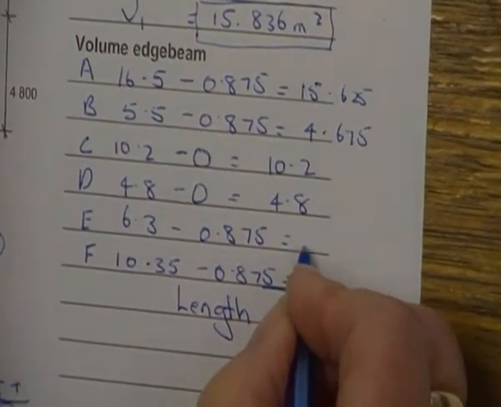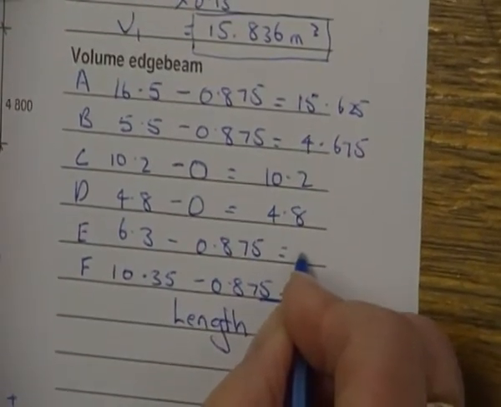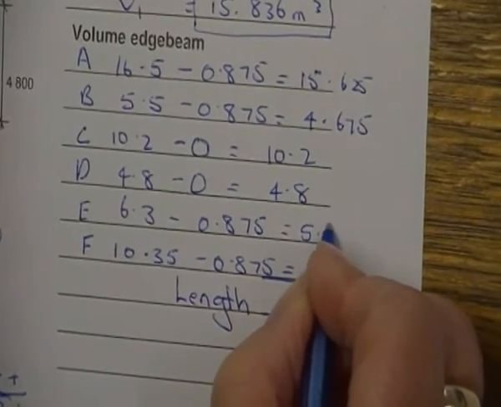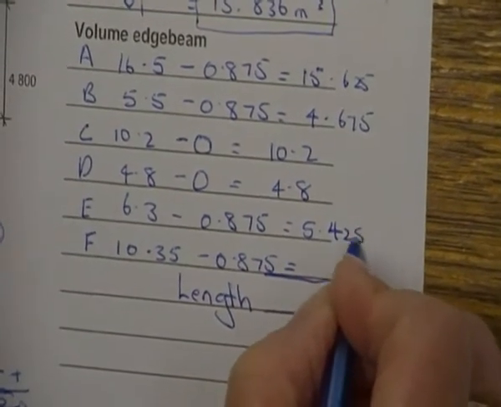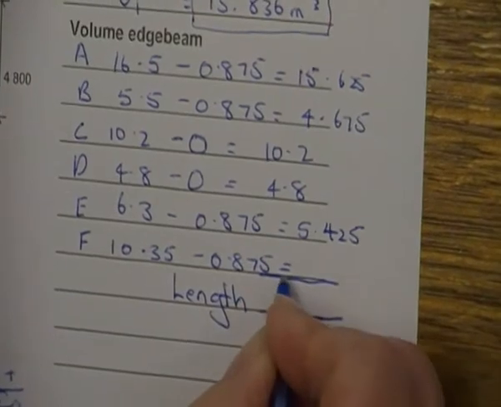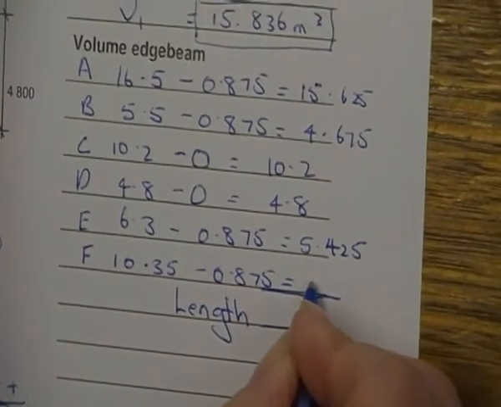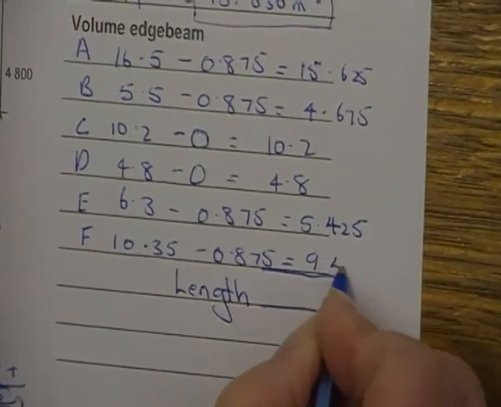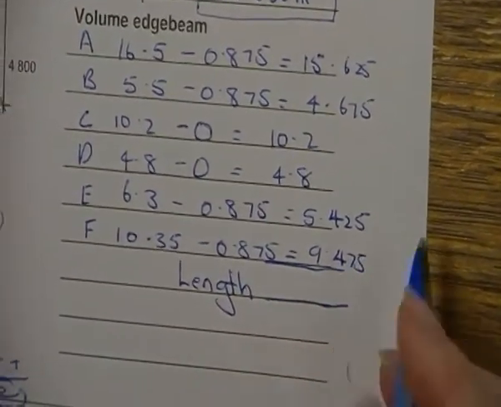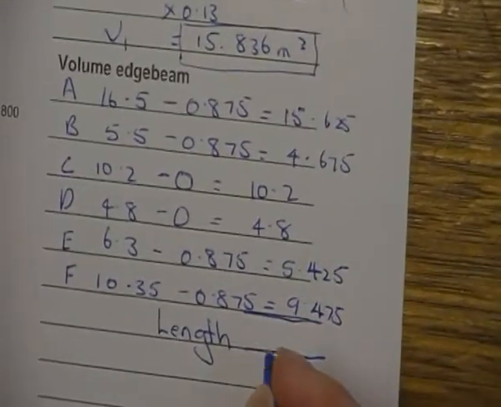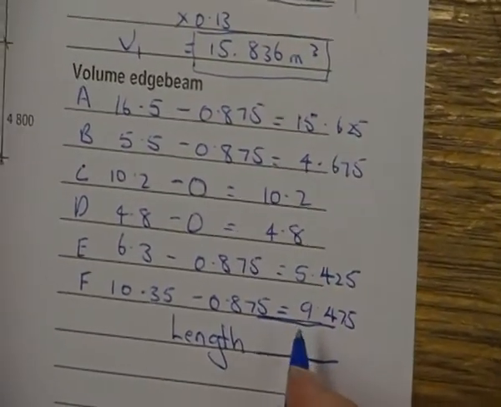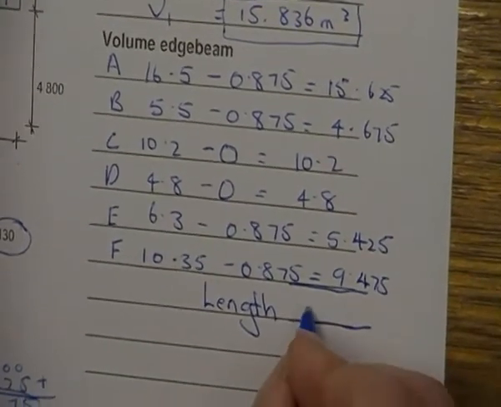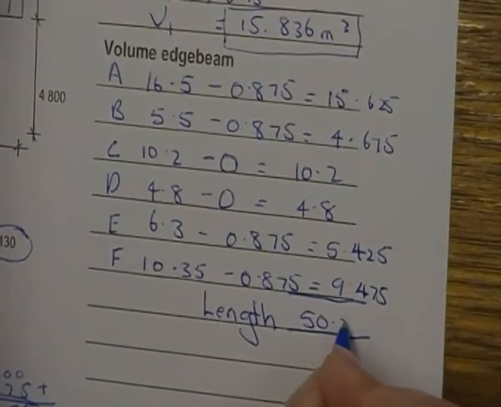Then 6.3 minus 0.875 is going to give me 5.425. And then 10.3 minus 0.875 is going to give me 9.475. Now we add all these up with our calculator, and we're going to get a total length of 50.2 meters.